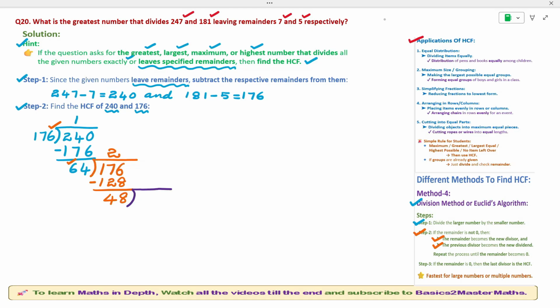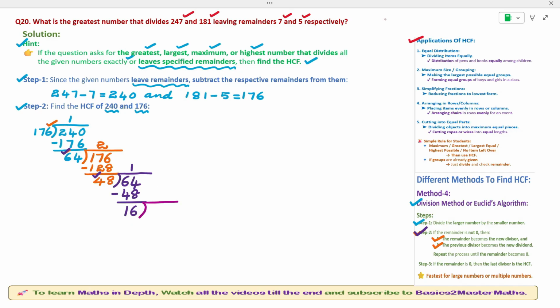Since the remainder is not 0, repeat step 2. In this case, 48 becomes the new divisor and 64 becomes the new dividend. When we divide 64 by 48, we get 1 as the quotient and 16 as the remainder.